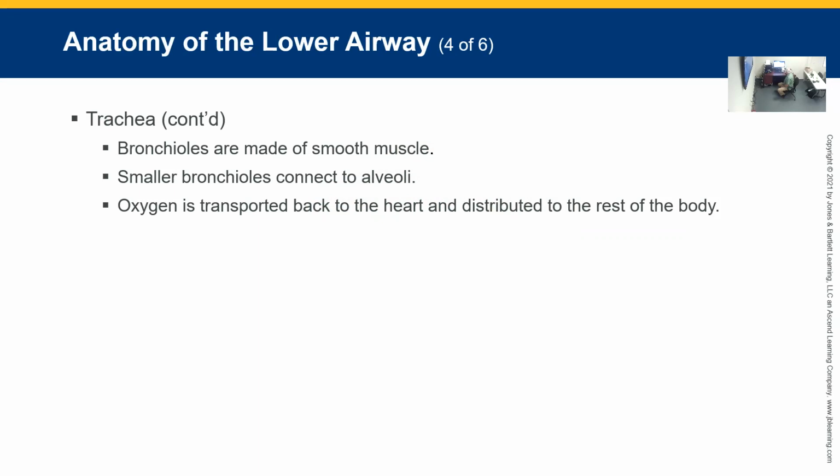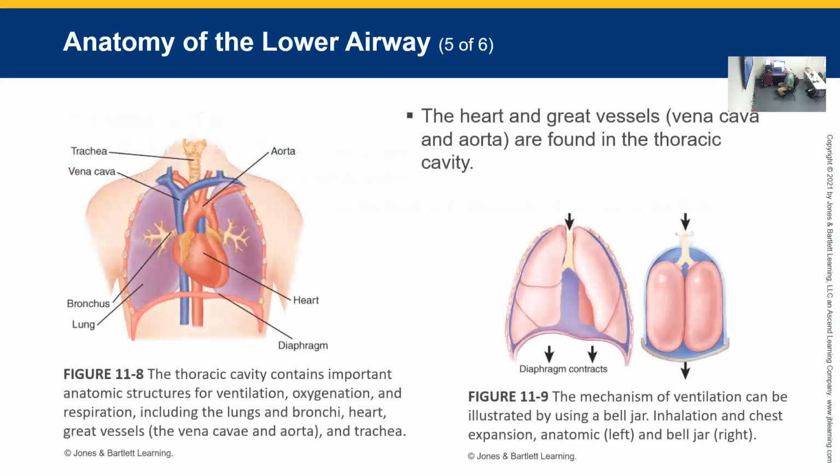It says your oxygen is transported back to the heart and distributed to the rest of the body. So we'll talk a little bit about this. You'll see the thoracic cavity here, and a lot of very important anatomy is in this area. The area behind the sternum is known as the mediastinum, and it'll come up as a slide in a little while.